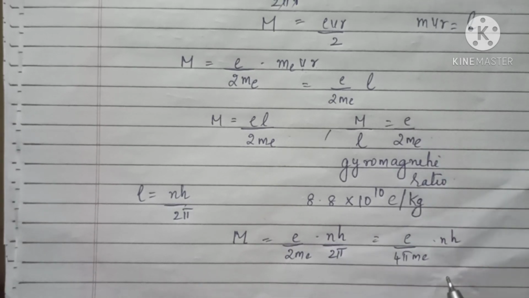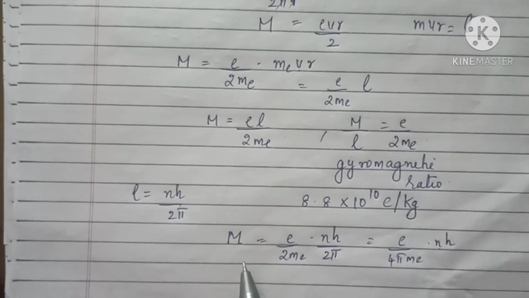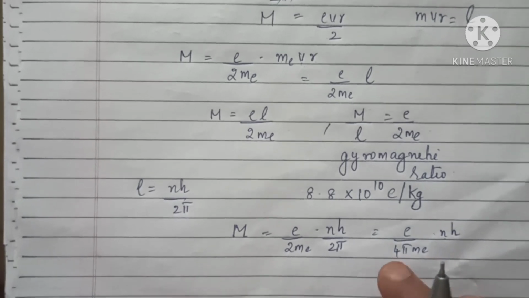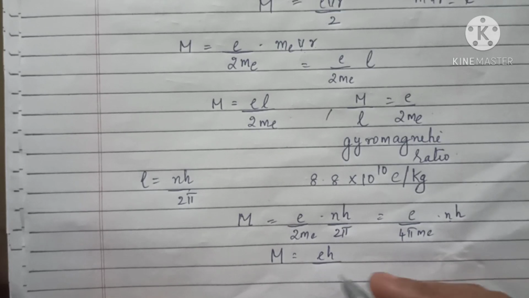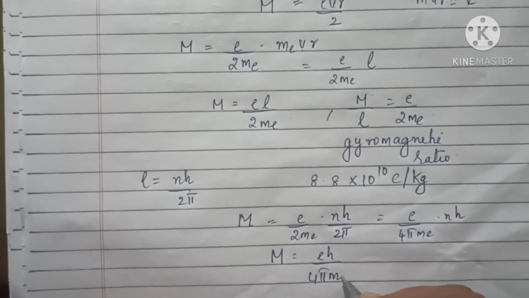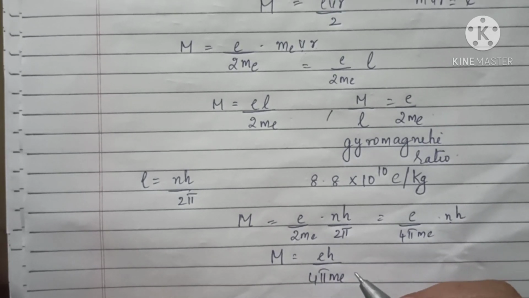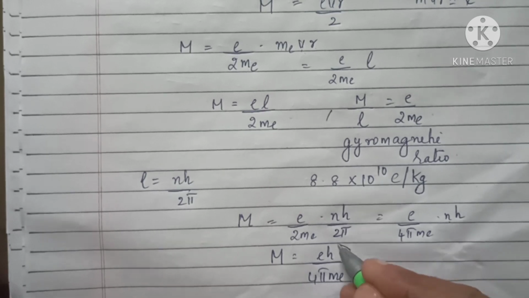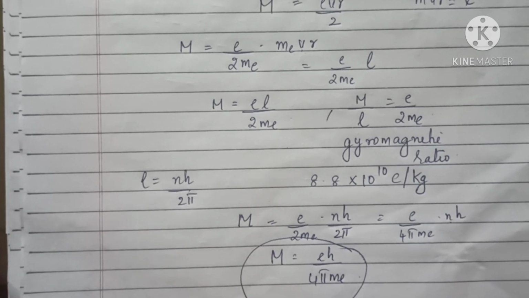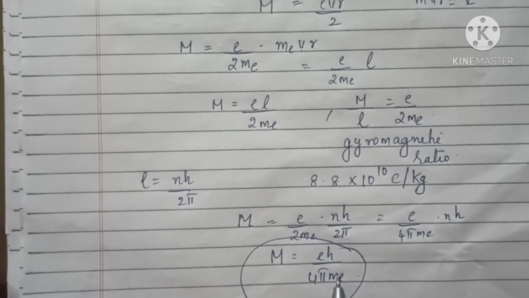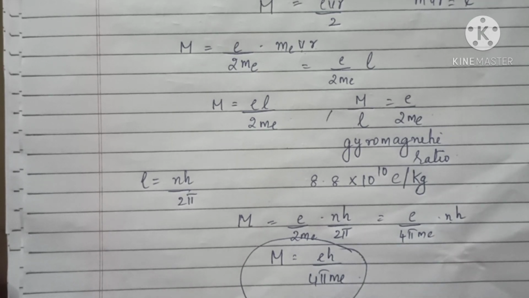Clear? Now for n equal to 1, this value will be minimum. So if I put n equal to 1, m is equal to eh by 4 pi me. So this is the Bohr's magneton, which is defined as the magnetic moment of the revolving electron in its first orbit.